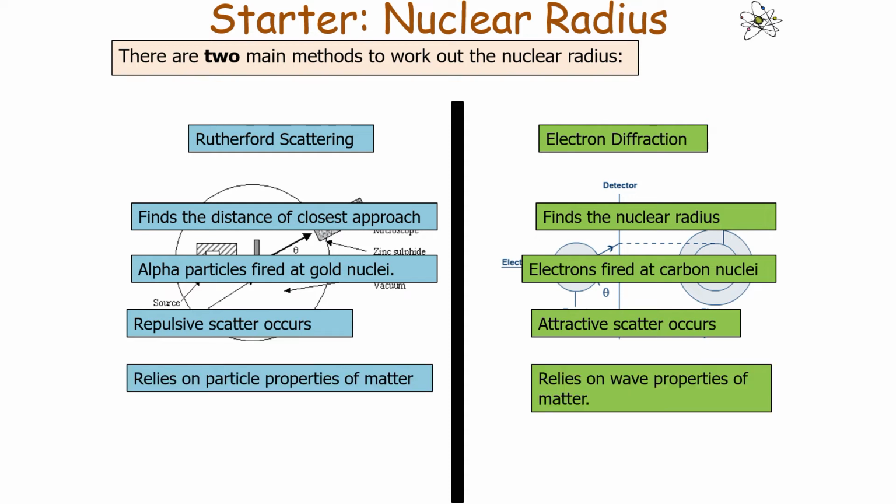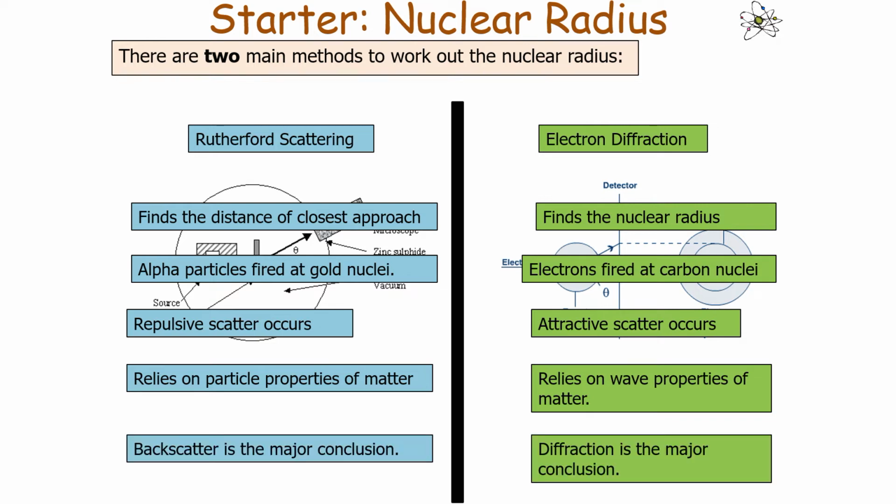Rutherford scattering relies on the particle properties of matter, whilst electron diffraction relies on the wave properties of matter. Rutherford scattering has the major conclusion of backscatter, leading to the idea that the nucleus must be extremely small compared to the size of the atom, whilst diffraction is the major conclusion in the electron diffraction method, which shows us electrons are acting as a wave and also allows you to work out the value of the nuclear radius.